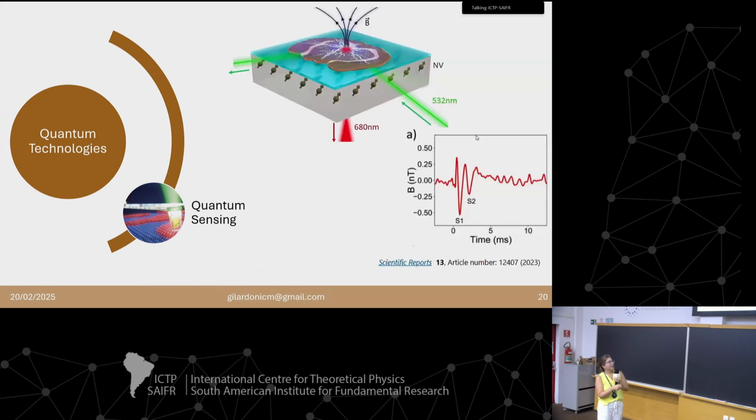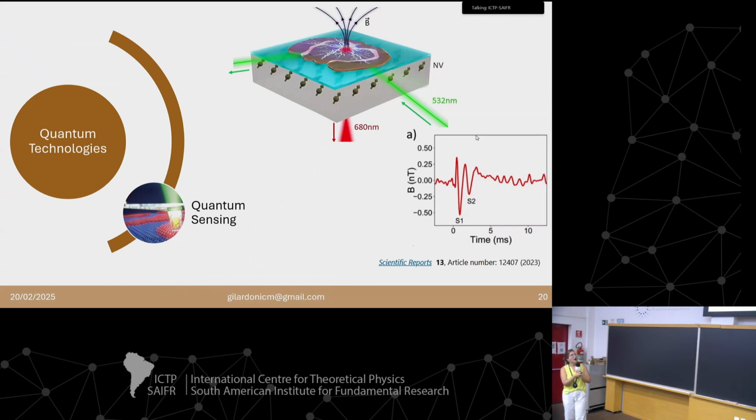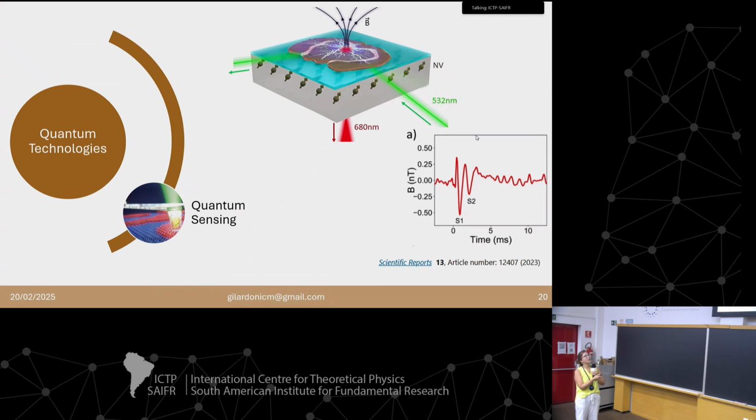And then finally, I told you these can also be used for biological applications. This is not the first implementation of looking at current flowing through neurons using NVs, but it's one of the latest, I would say. In this work, they're also using a slab of NVs where they grow neurons on top of them, and then they scan their optical readout across the NVs, and they can map out the current that is flowing through neurons once they're given a certain stimulus, right?